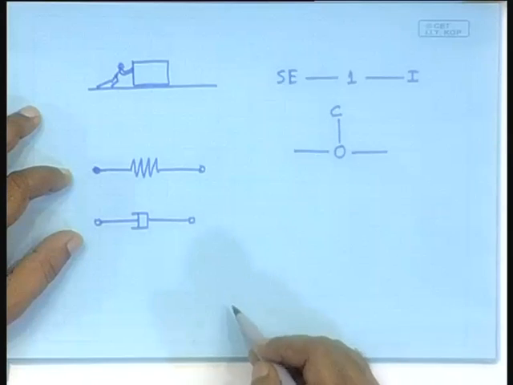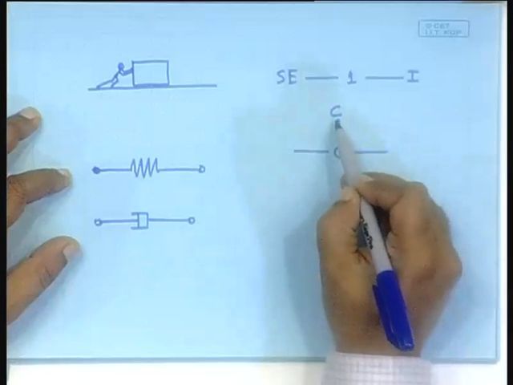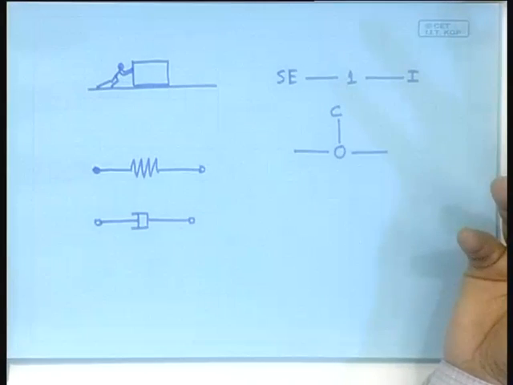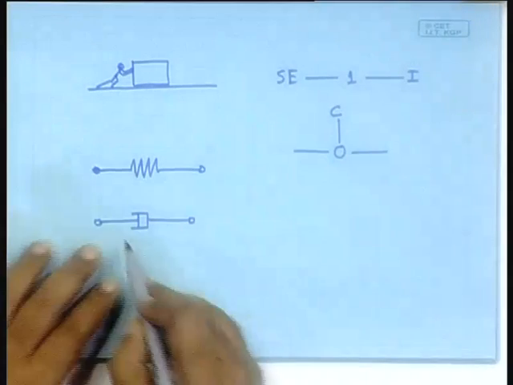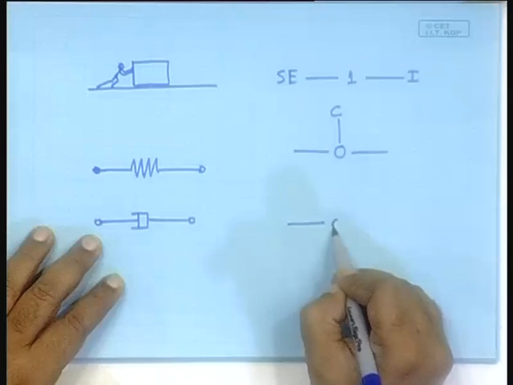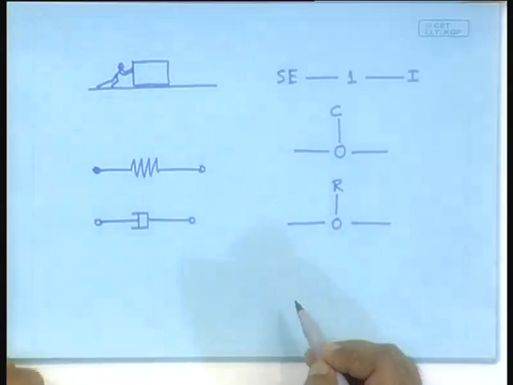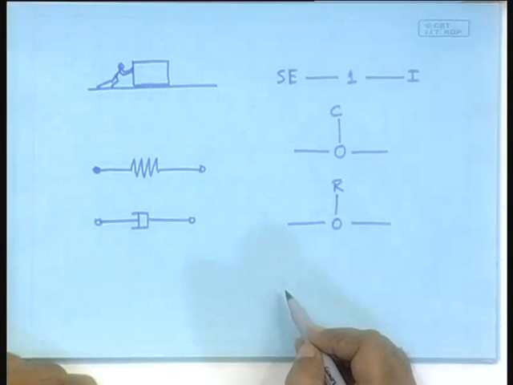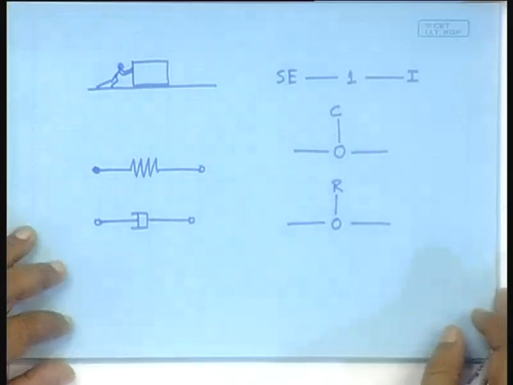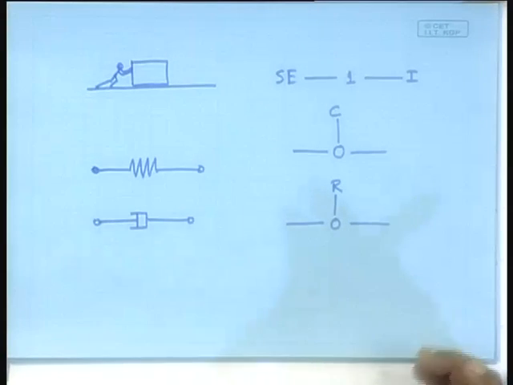So, whatever is on this side, whatever is on that side, and the C element see the same effort. For this one, whatever is on this side, whatever is on that side, and the R element see the same effort. Okay. So, that is how these things are drawn. Clear?